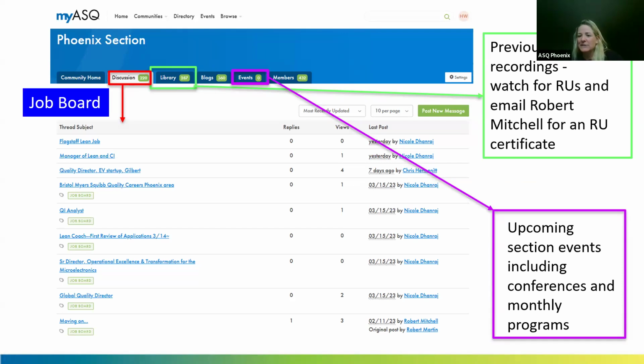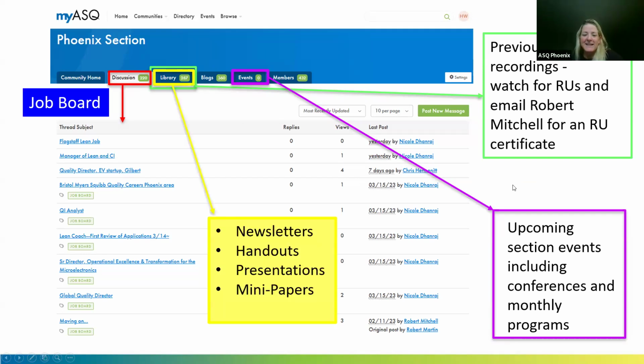And then next year, it'll go down to 0.1 RUs. So make sure you get your viewings in before the end of the year. And then the library is where you'll find newsletters, handouts, presentations, and mini papers if you are interested in any of that information.